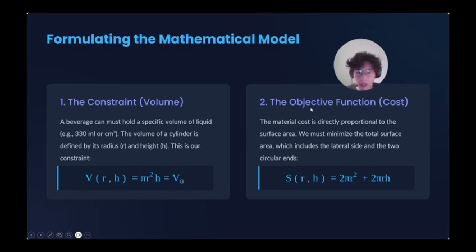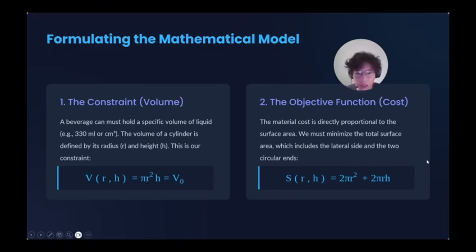The second part is our objective function, which represents product cost. Material cost is directly proportional to the can's surface area. So our goal is to minimize the total surface area.